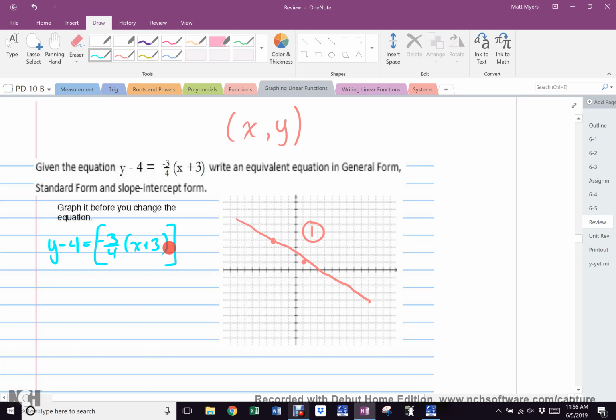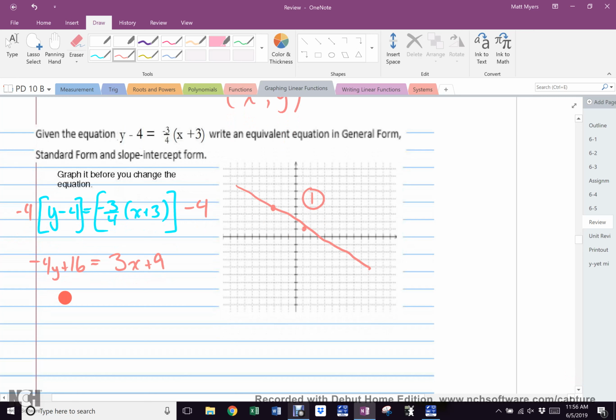So I'm going to multiply this side by negative 4, which means I'm going to multiply this side by negative 4 to get negative 4y plus 16 equals 3x plus 9. Now I just move it around. 3x plus 4y. Bring that over. 9 minus 16 is negative 7 equals 0. There is general form. Standard form. 3x plus 4y equals 7.